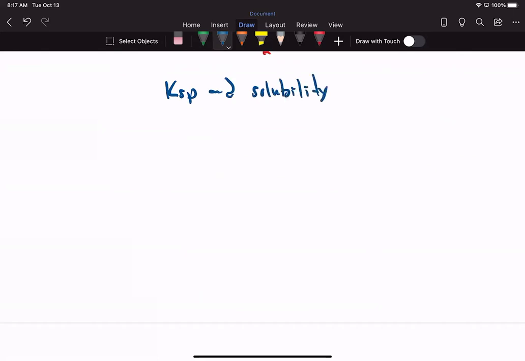there's a general formula for these reactions. We always have some type of general formula that we can make these reactions from. So our general formula is this: we're going to have some metal and some amount of moles to it.